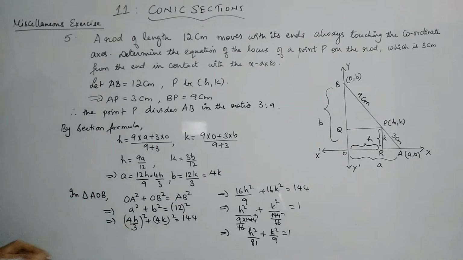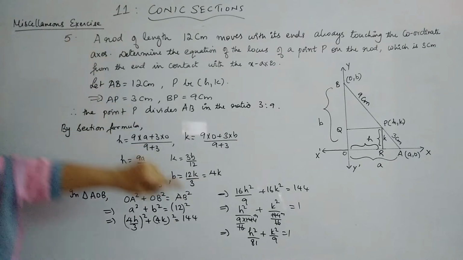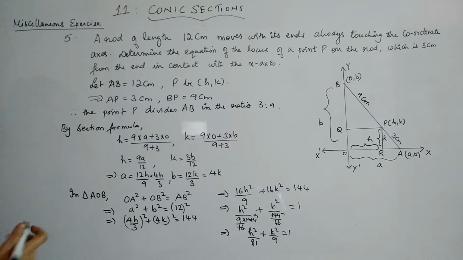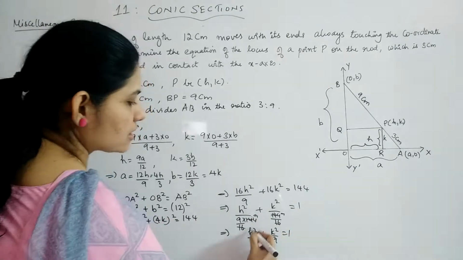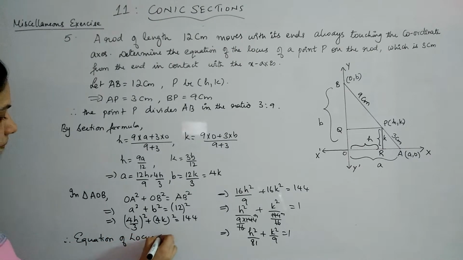So when we talk about the equation of the locus of the point, we'll just replace h and k with x and y. Therefore, this will become x square by 81 plus y square by 9 equal to 1. Therefore, the equation of the locus of the point P is x square by 81 plus y square by 9 equal to 1.